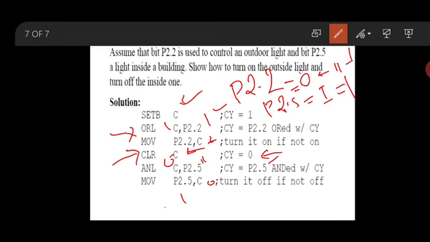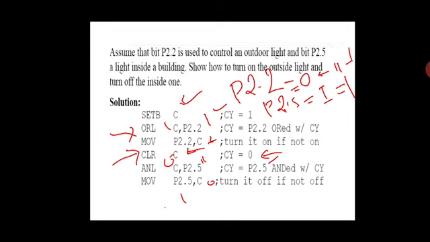Which bits? 2 and 5. If bit 2 is 1, ORed with carry, it will be turned on, so the outside light is on. If the inside light is already on, you have to turn it off. This is the program. I hope you understood this program. In the coming hour we'll see some more examples related to this.